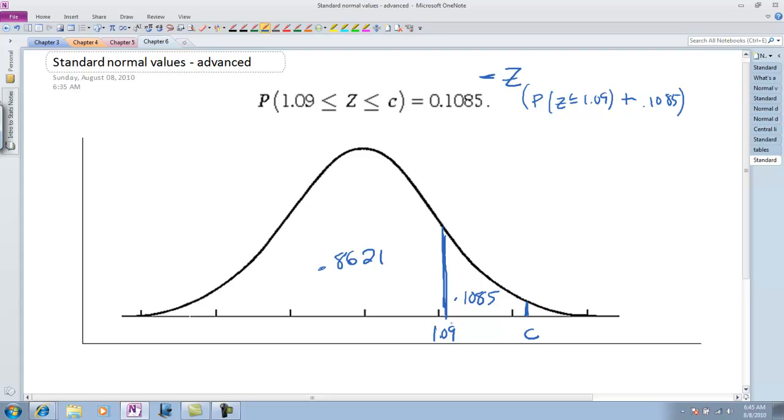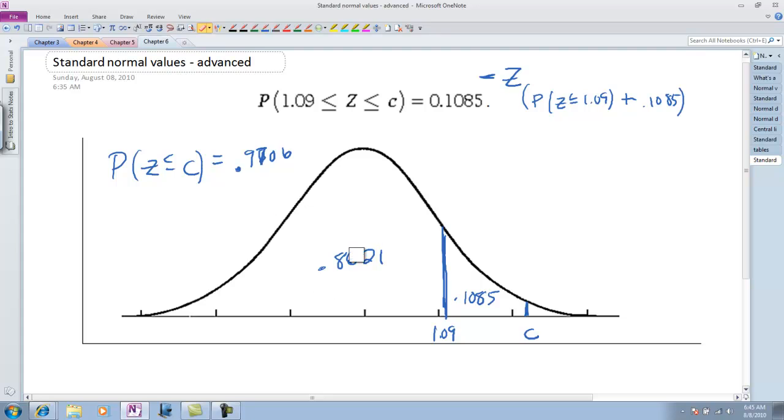So now, if I add those two together, that will be equal to P of Z less than or equal to C, whatever that is. So let's add them together. 0.8621 plus 0.1085 is 0.9706. And now we need to do a lookup of that.